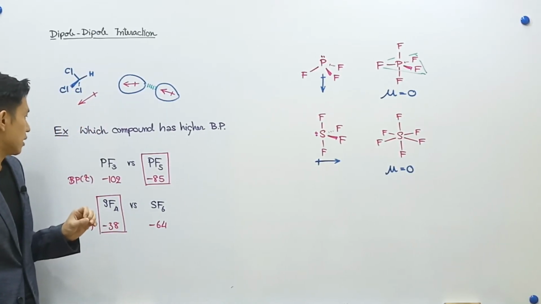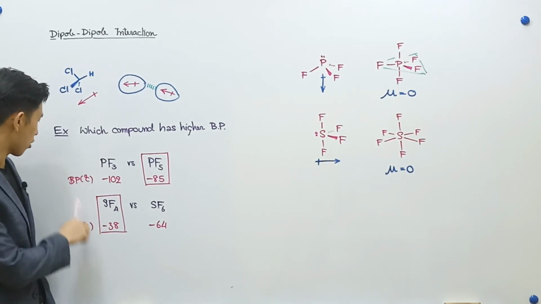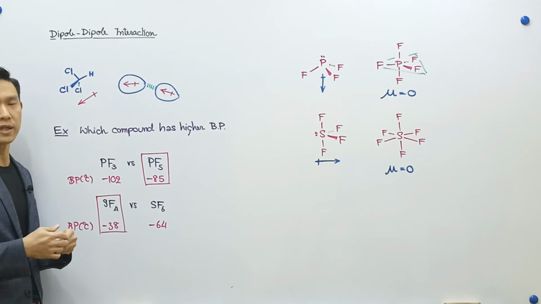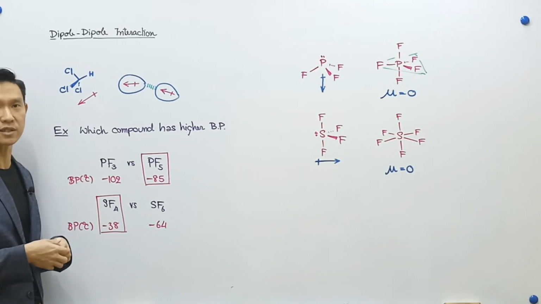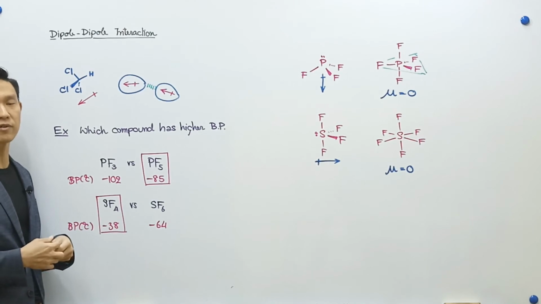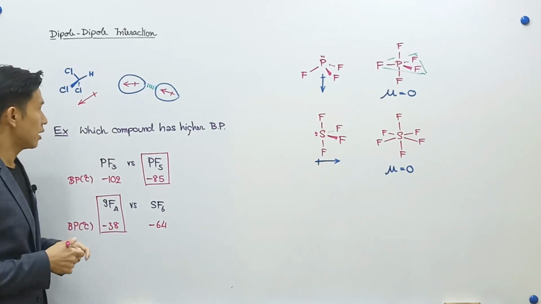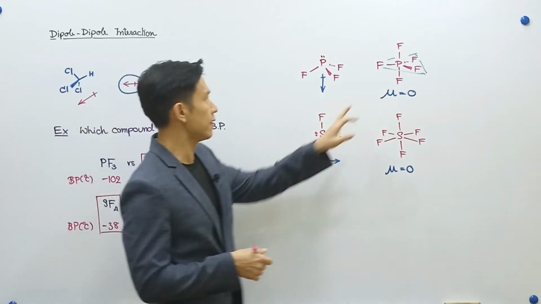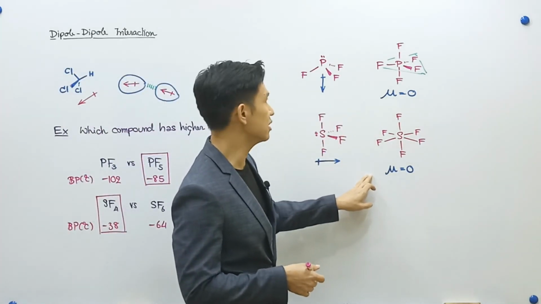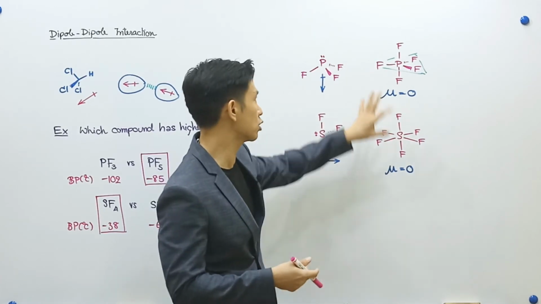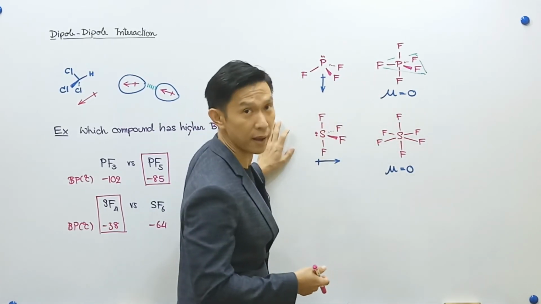Because actually, the factor for boiling point is the intermolecular interactions. But the intermolecular interactions are not only dipole-dipole interactions. We also have London force that we've already mentioned earlier, right? So PF5 and SF6 are higher in their London force because the molecules are bigger than this pair, right?